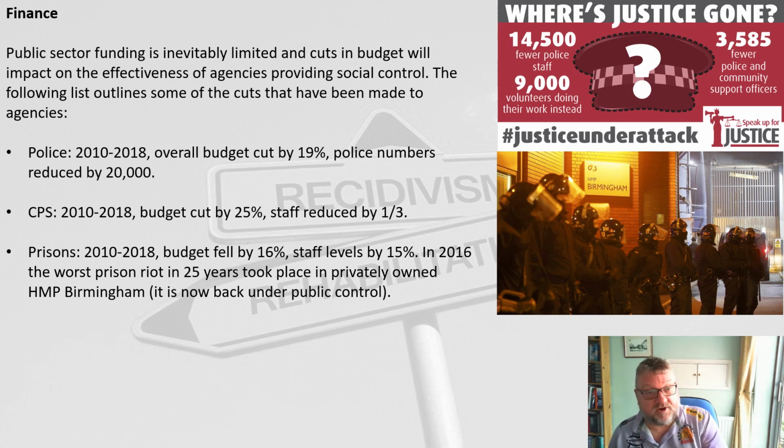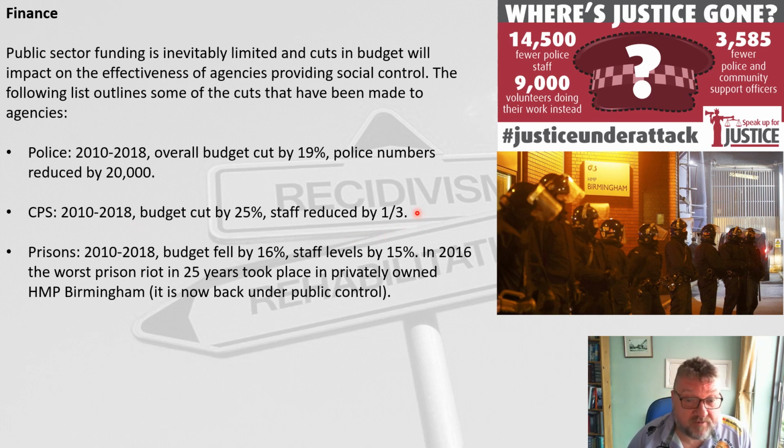The worst prison riot in 25 years took place in privately owned Birmingham Prison, which is now back under public control, and of course at the same time the prison population doubled. So let's have a look at that. Fewer police on the streets to catch the criminals, fewer people in the CPS, which means it'll take longer to get cases through court because there are fewer staff.